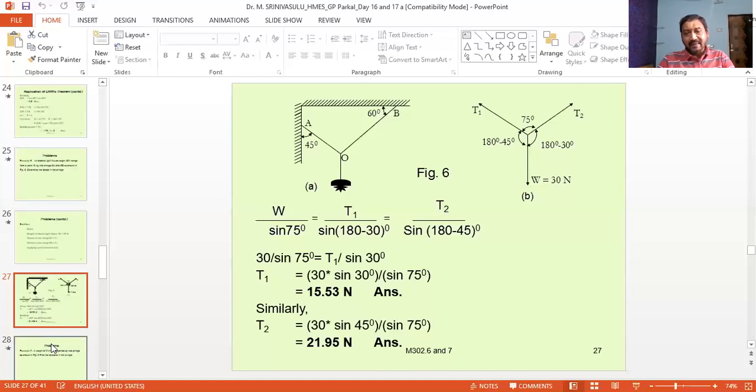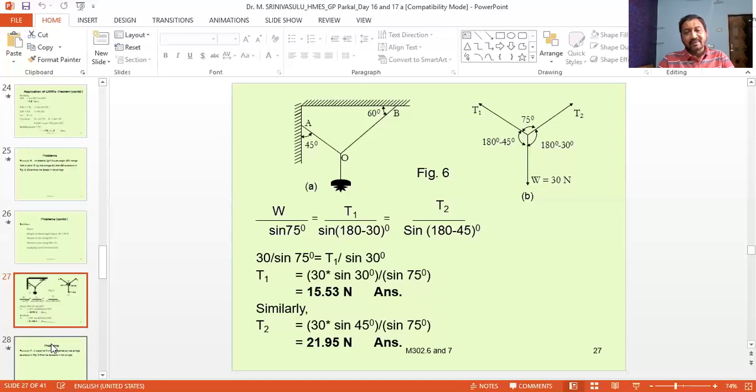The weight of the picture is acting vertically downwards, and due to this the tensions are developed in the string OA, that is T1, and in the string OB, that is T2. Because of the action of the three forces T1, T2 and W, the picture is in an equilibrium condition.